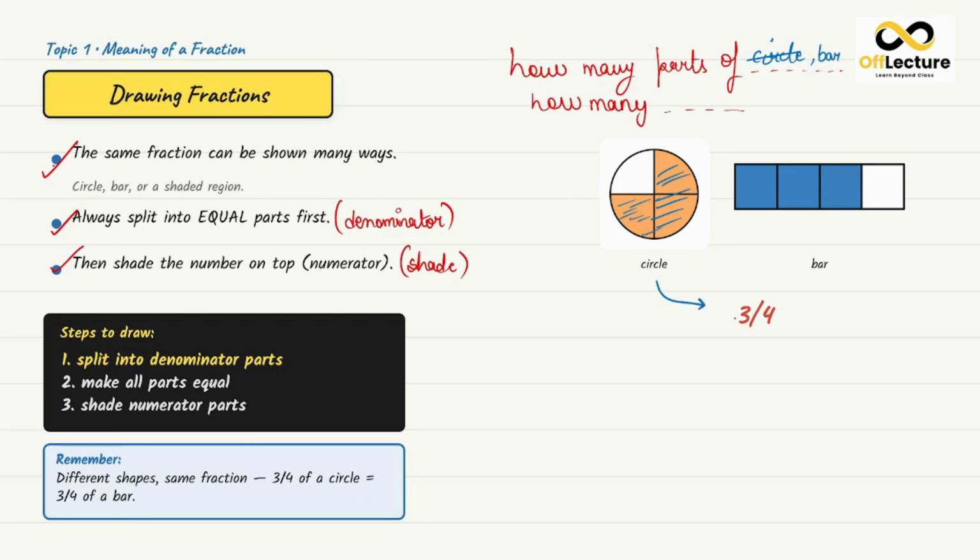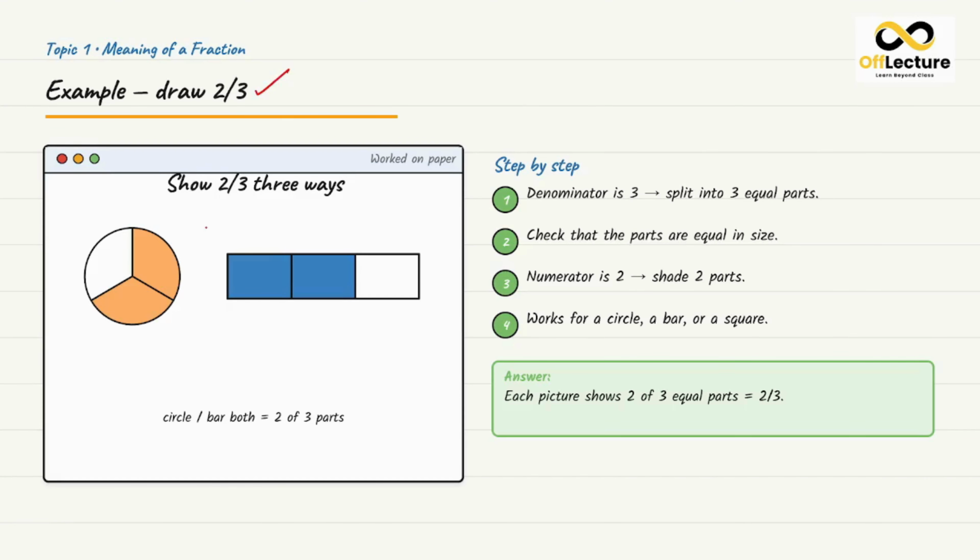Now let's understand with an example, that is how to draw 2 by 3. Okay. So step by step, the denominator is 3. So we have to split into 3 equal parts. Okay. We can choose any shape. We can choose a square also.